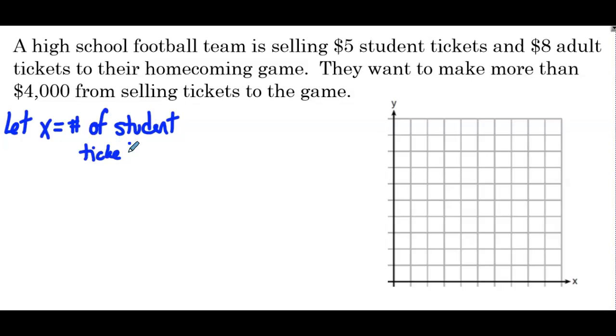A high school football team is selling $5 student tickets and $8 adult tickets to their homecoming game. They want to make more than $4,000 from selling tickets to the game. Start by defining our variables. So we'll let X be the number of student tickets and Y will be defined as the number of adult tickets.